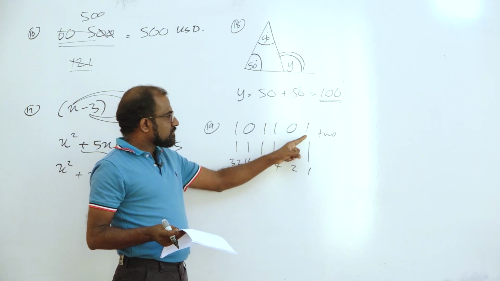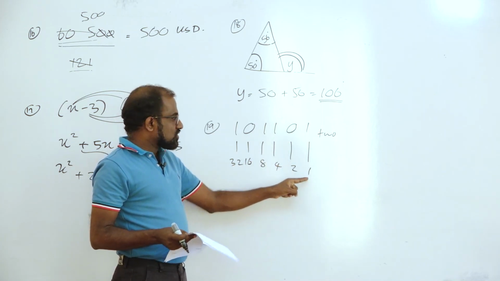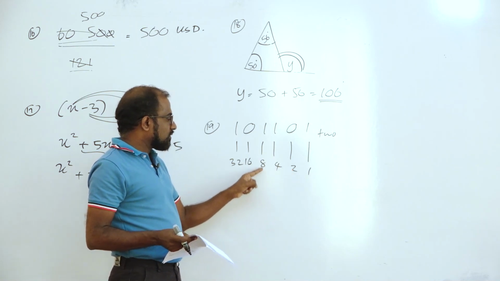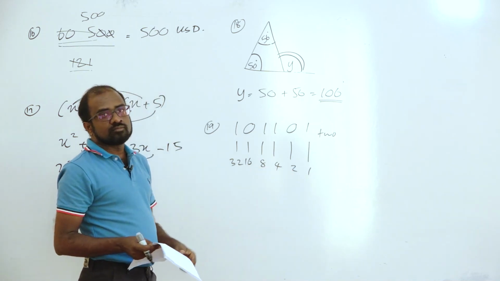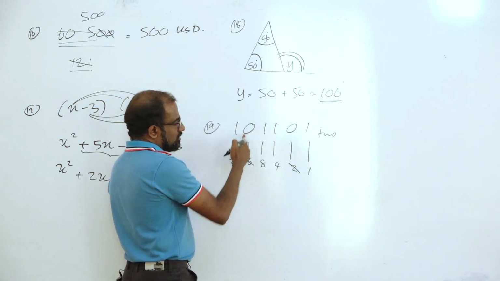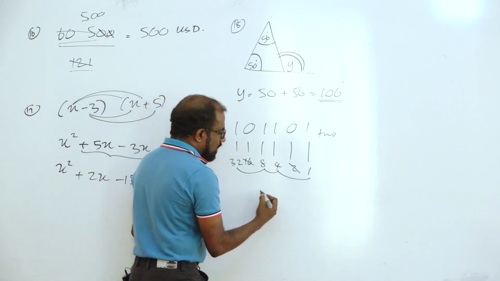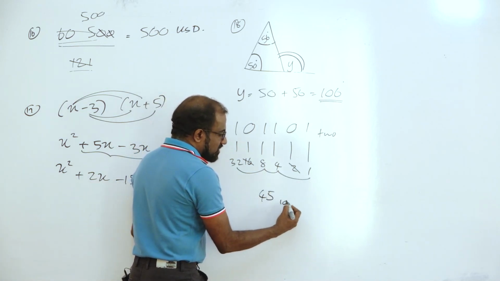For binary numbers, the place values are powers of 2. Here, with the values of 0, you may cut them off. Then 32 plus 8, 40, 44 plus 1, 45 to the base 10.